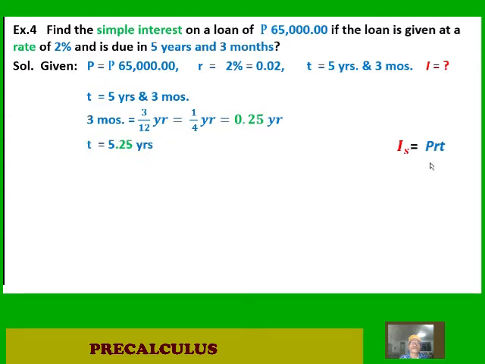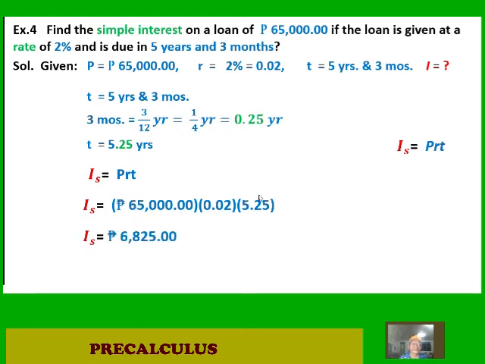So using the formula, simple interest equals principal times rate times time. Substitute the principal, which is 65,000, the rate, which is 0.02, time, which is 5.25 years, multiplying, the simple interest is 6,825 pesos.